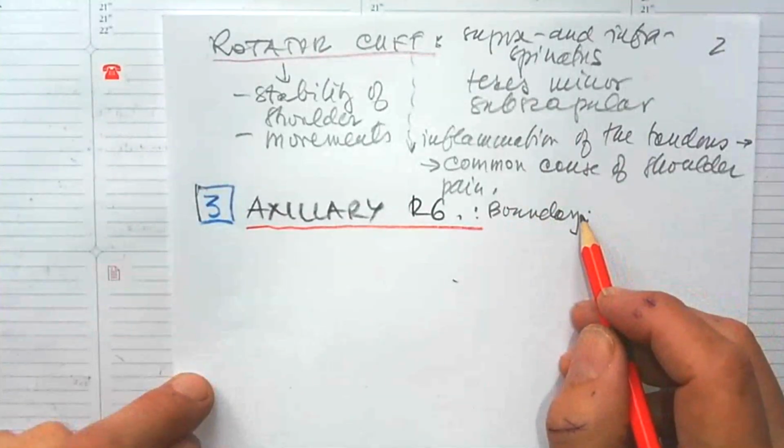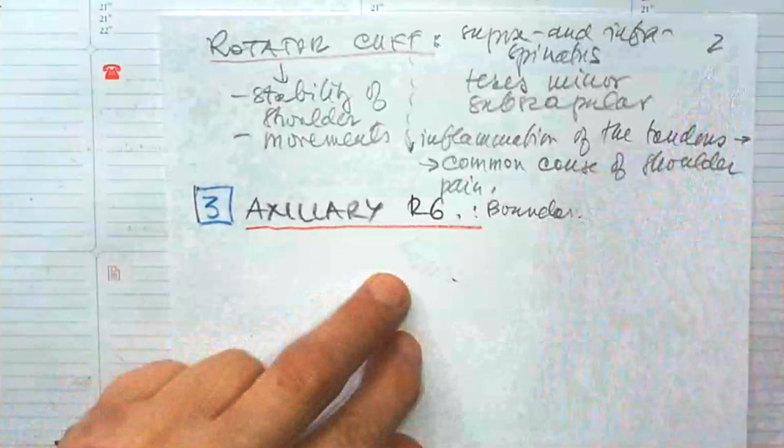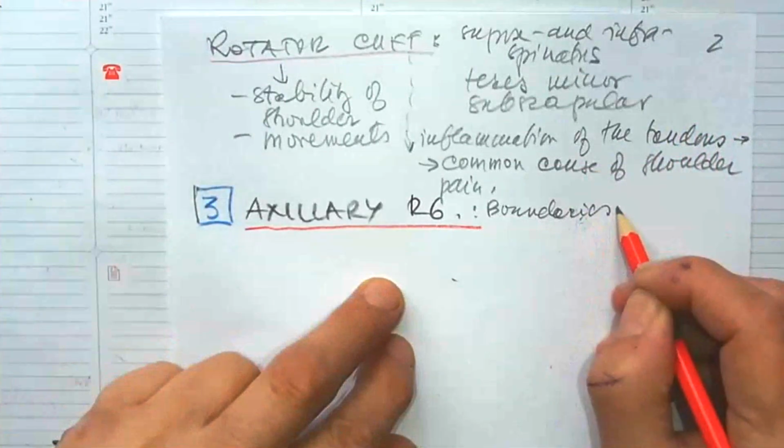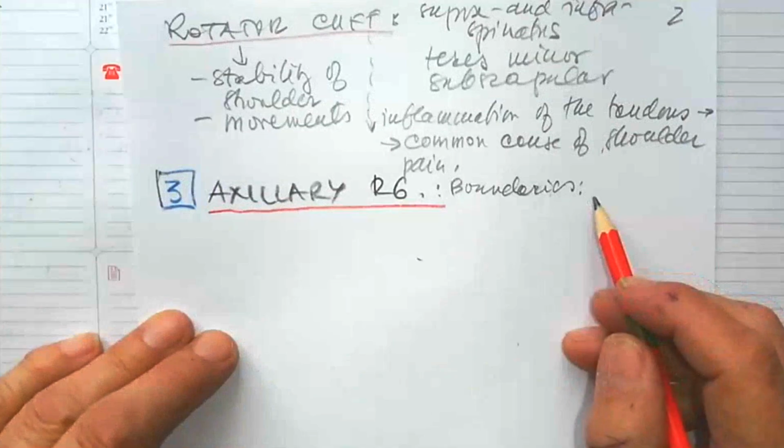Boundaries are in fact four boundaries. When we look at it, I will draw a very simplified drawing.